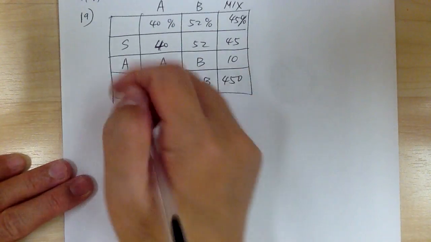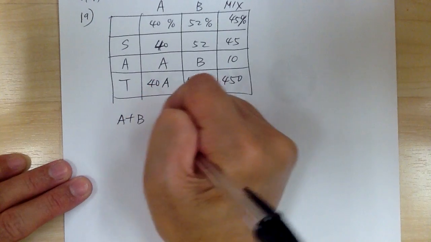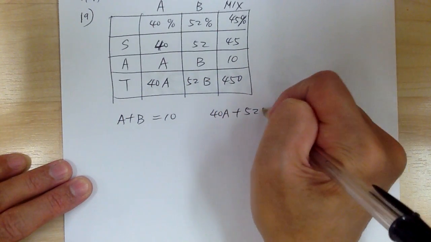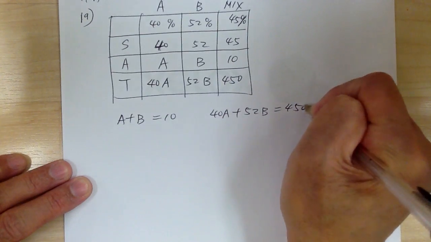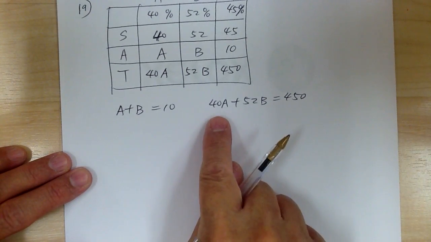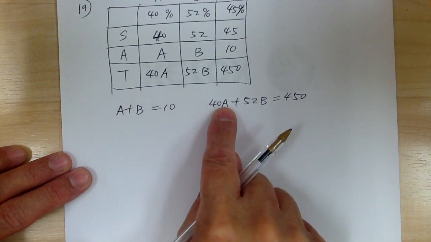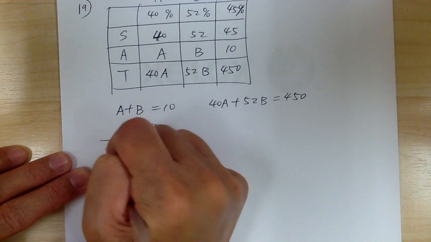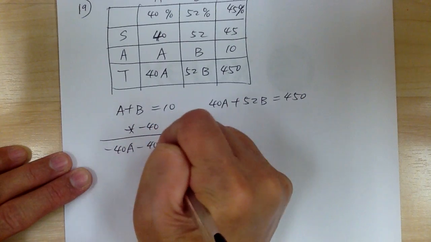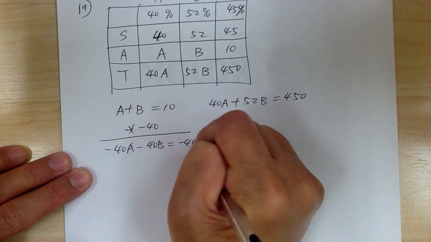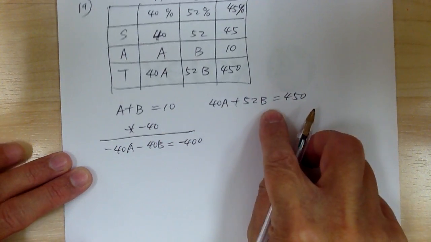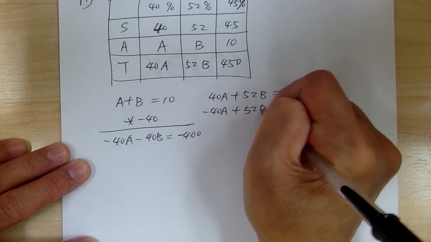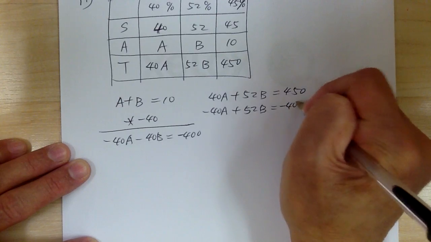So now you can write your equation. A plus B equal to 10. 40A plus 52B equal to 450. And I'm going to multiply by negative 40 to eliminate the A. So you get negative 40A minus 40B equal to negative 400. Then you can put underneath here 40A plus 52B equal to 450.